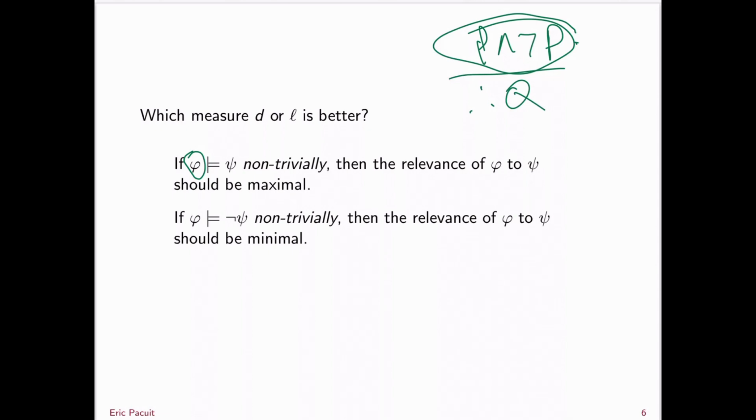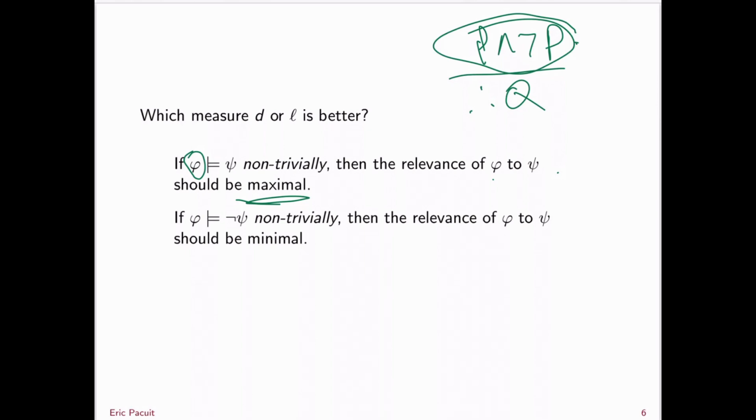So if you have a valid argument with premise phi and conclusion psi, and phi is not a contradiction, then, of course, the relevance of phi to psi should be maximal. It should be the most relevant you could possibly be to psi, because after all, psi deductively follows from phi.